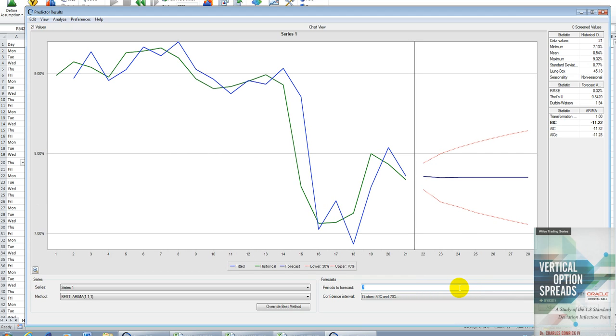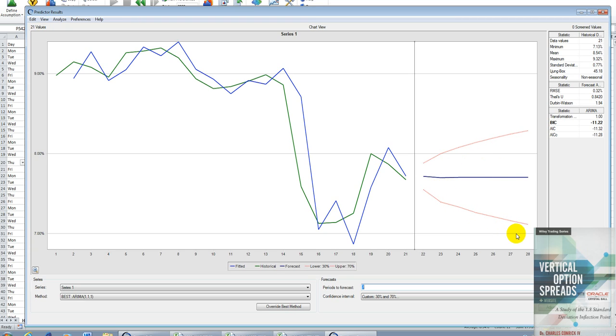A time series analysis is telling you that the volatility has been as high as 9%, dropped down to 7%, and a time series analysis is predicting it to come in at about 8% over the next 7 days. The little red lines here indicate error margins of plus or minus, it looks like about 0.5% to 0.75%.